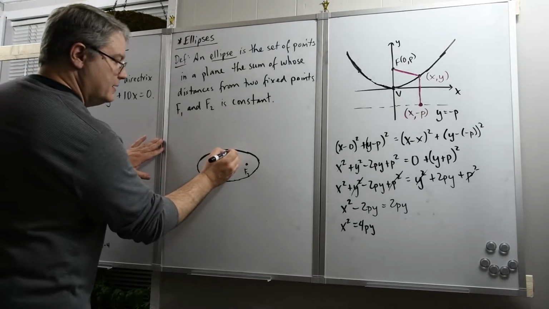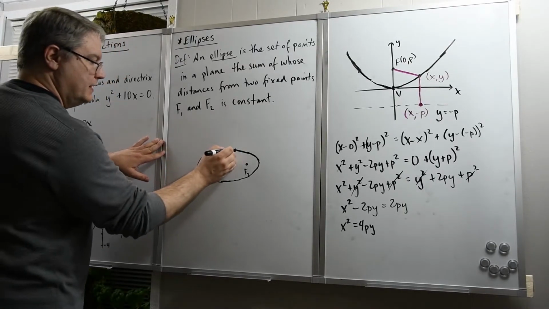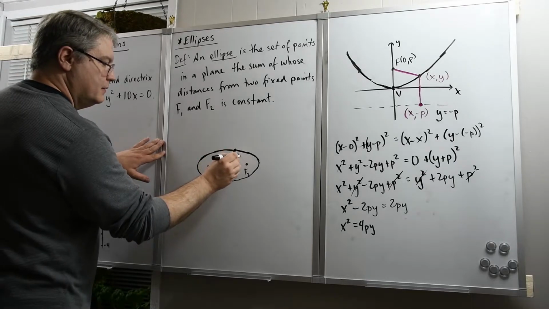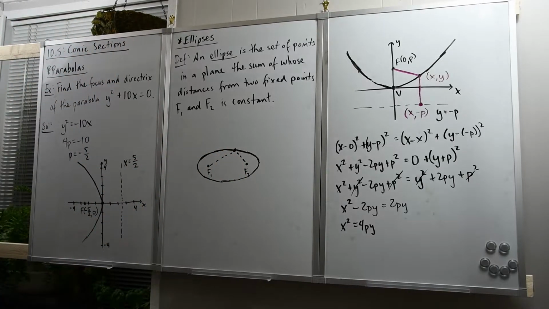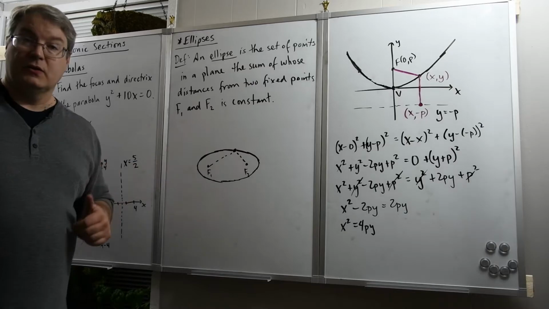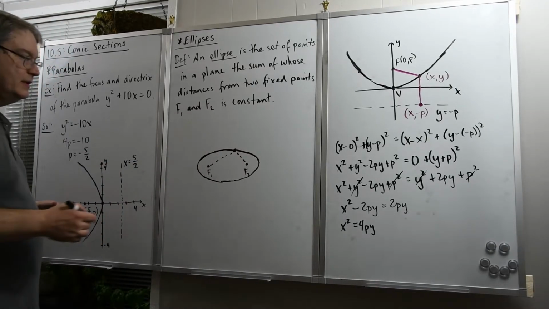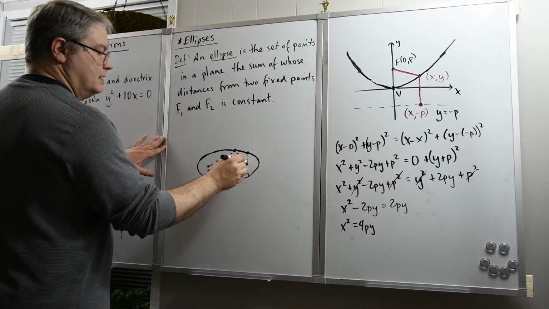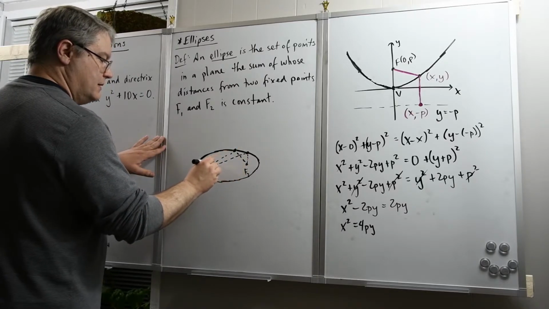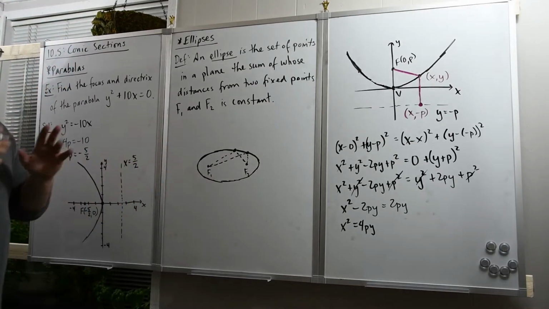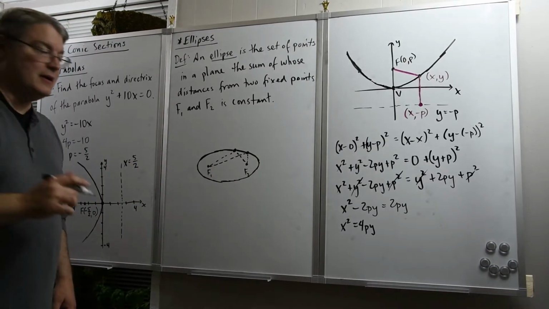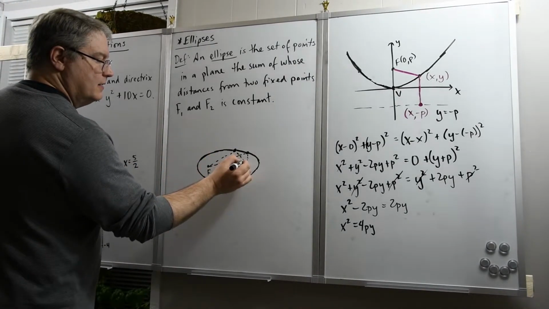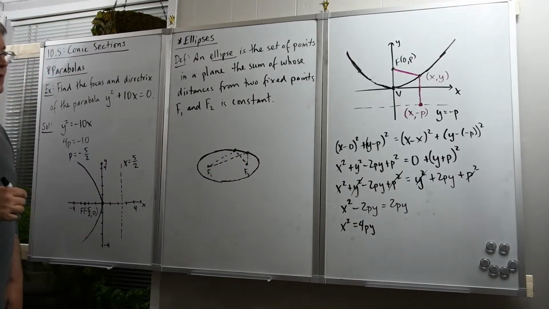So if I were to take a look at a point right here, for example, take a look at the distance from that point to F1, add the distance from that point to F2, and I'm going to get a certain constant. Now if I take another point, let's say that's right here, and I take the distance from that point to F2, take the distance from that point to F1, add those two distances together, I'm going to get the same constant that I got when I added those two original distances together.